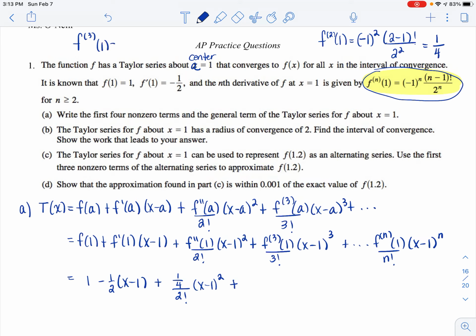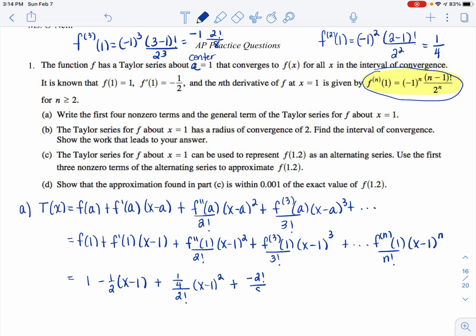Then for f triple prime, I'll do the same thing. Okay, this will be negative 1 now to the third times my n is 3, minus 1 factorial, all over 2 to the third power. If I clean that up, obviously that's going to stay negative because negative 1 to the third. 3 minus 1 factorial is 2 factorial, and I'm going to leave that as 2 factorial for a second, and that's all over 8.